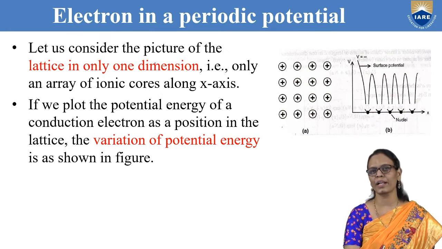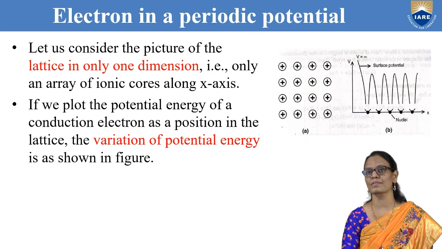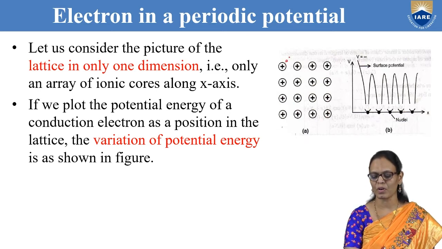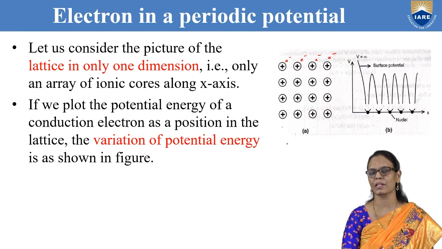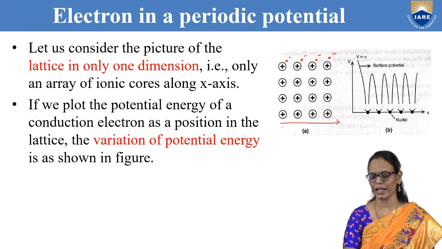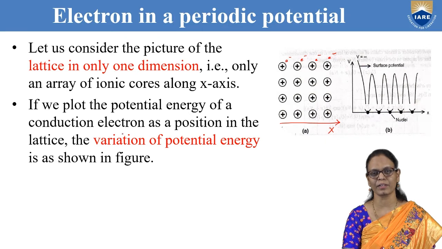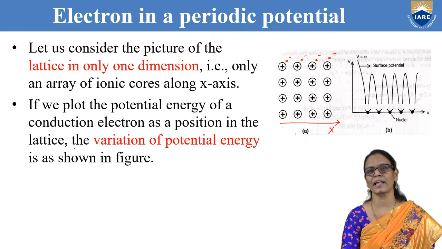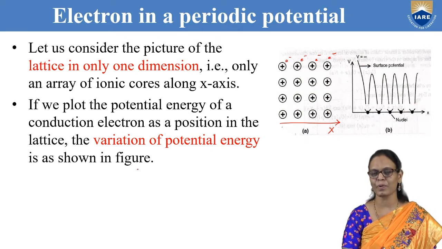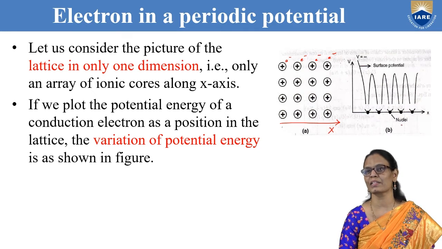If you are considering this lattice, positive ion cores, and electrons which are detached, this is the picture, and we are only talking about the x-axis. Now, if we plot the potential energy of a conduction electron against position in the lattice, the variation in potential energy is shown by this figure.